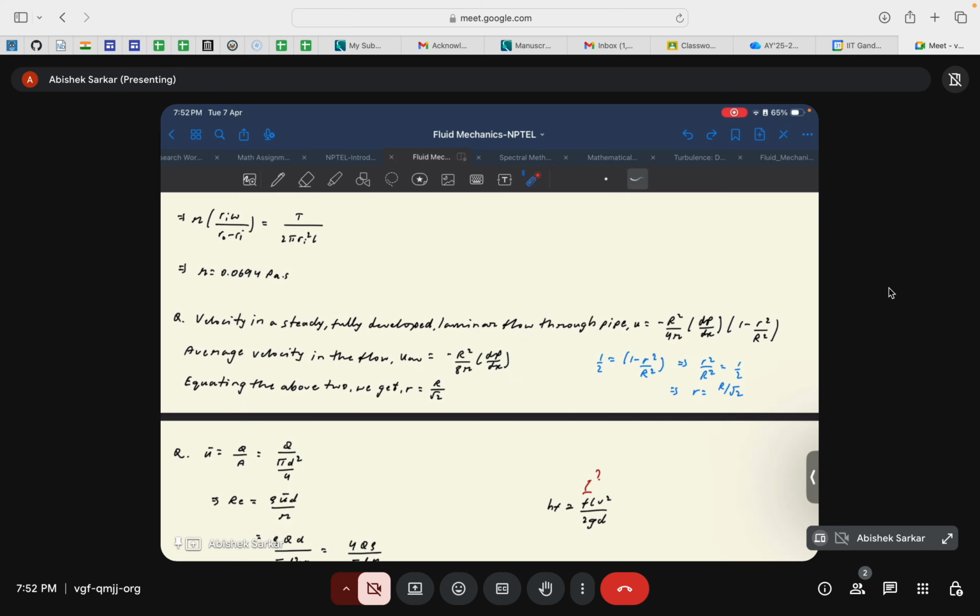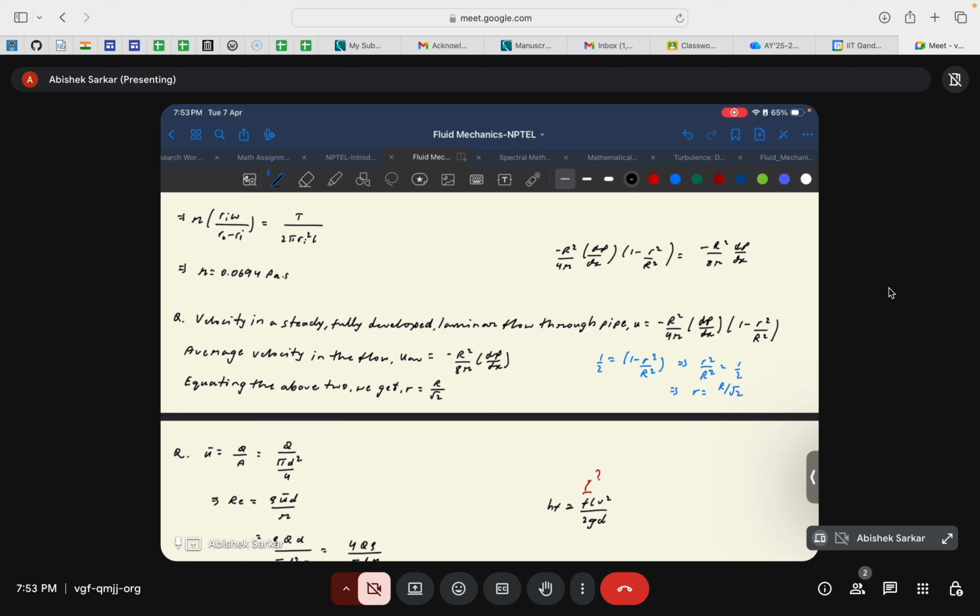If we equate these two terms, I think I should just write it. So you'll have minus R square by 4 mu dp by dx times 1 minus r square by capital R square equal to minus R square by 8 mu dp by dx.